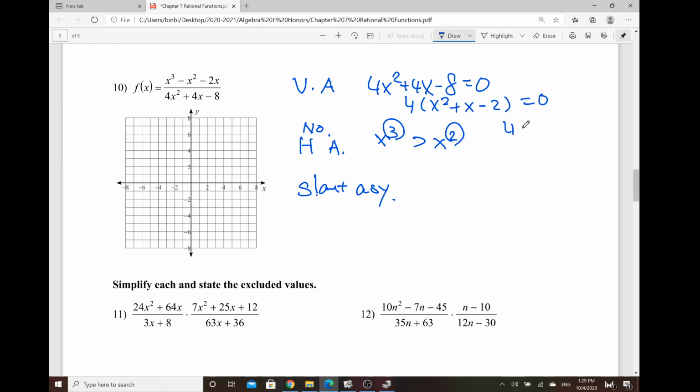That means 4 times the quantity of x plus 2 times the quantity of x minus 1 equals 0. So x equals negative 2, x equals 1. So negative 2 and 1 for the VA.